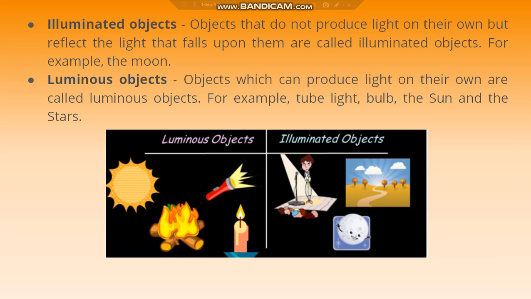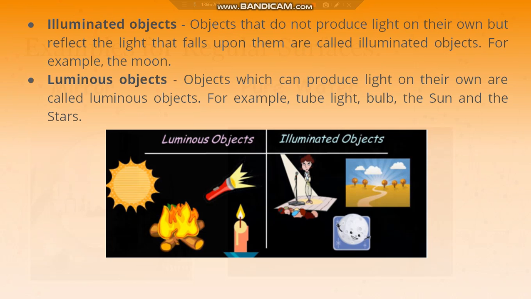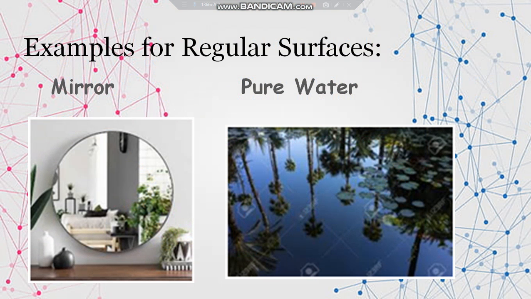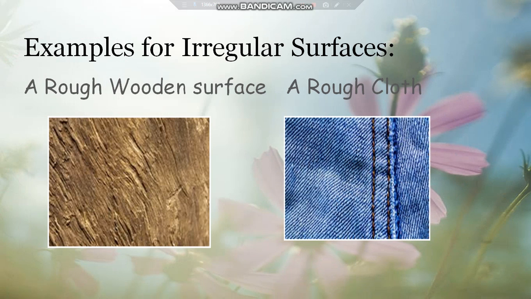The best examples are tube light, bulb, the sun and the stars. The examples of regular surfaces are a mirror and pure water, whereas the examples of irregular surfaces are a rough wooden surface and a rough cloth, for example your jeans cloth.